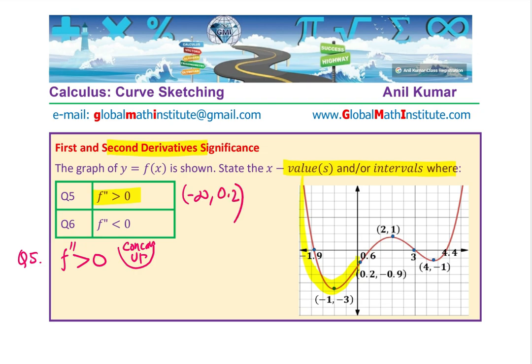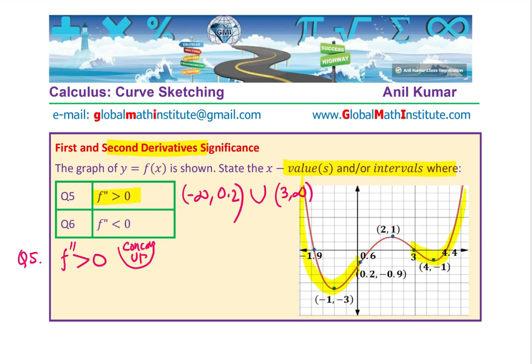And then it is concave up from 3 onwards, right? You can write union also, okay? And from 3 to infinity. So that is the interval when the second derivative is positive.